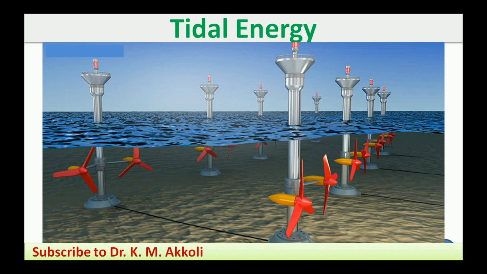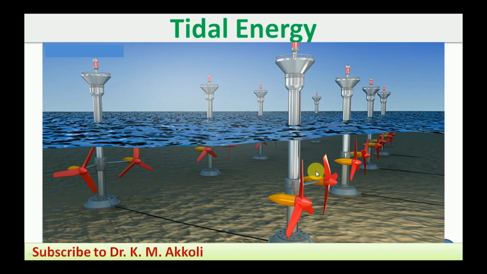In a few areas these tides are very high, about a few meters in height. Because of the vertical distance and level position, the energy there is what we already discussed as potential energy.